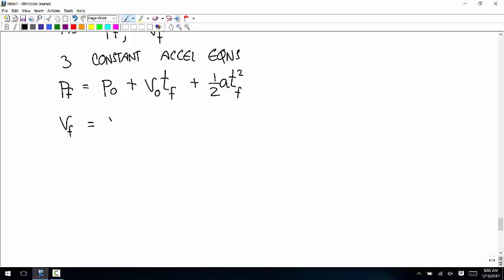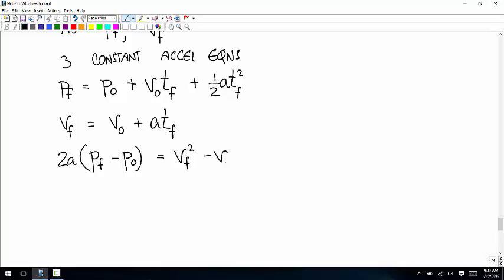V final is equal to V0 plus A T final. And 2A times the quantity P final minus P0 is equal to V final squared minus V0 squared.